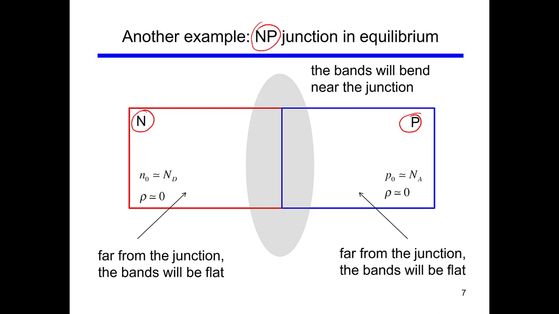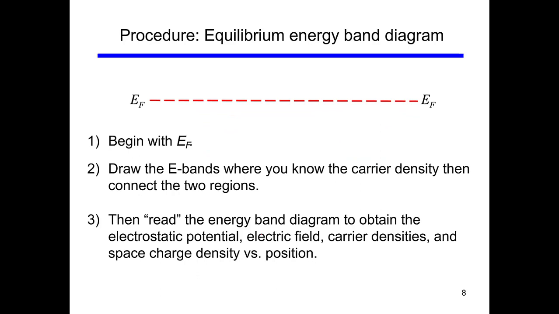So on the N side, the Fermi level is near the conduction band, and on the P side, the Fermi level is near the valence band. So this is the procedure to draw the energy band diagram of the NP junction.